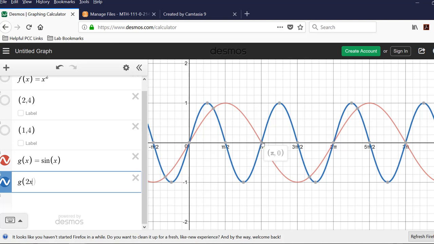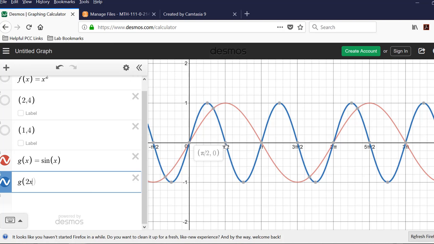Where is this move in the blue function? Well, look right here, this is going up and back down, and it looks like there it is, pi over 2, 0 is where this new point is located. There's where it used to be, now there's where it's at.